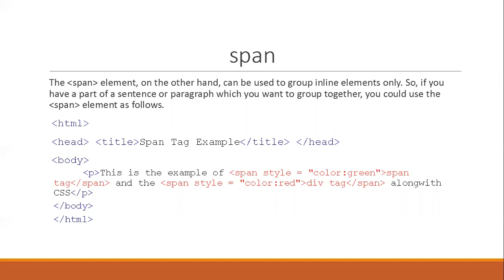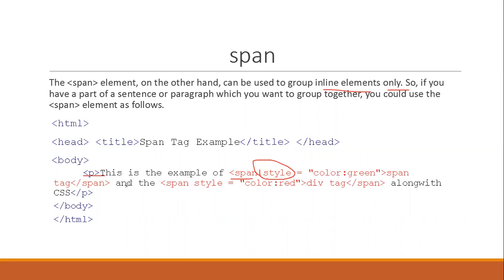Now the span element, on the other hand, you can use to group inline elements only. If you want a part of a sentence or a paragraph to group together, you can use the span element. See, over here there is a paragraph tag, inside that we are using the span, and the span has the style attribute.